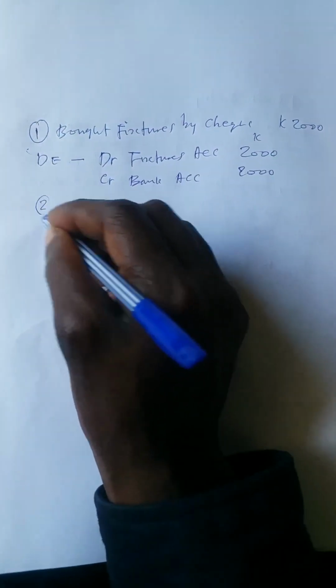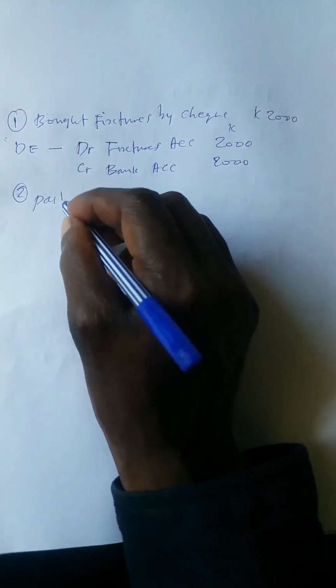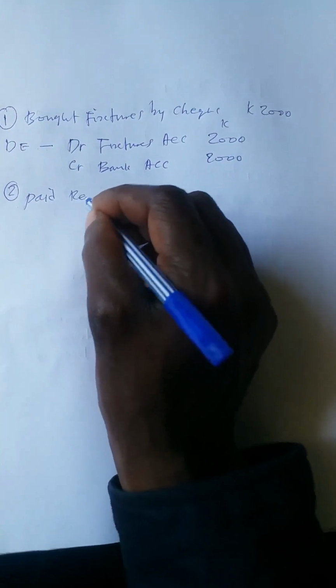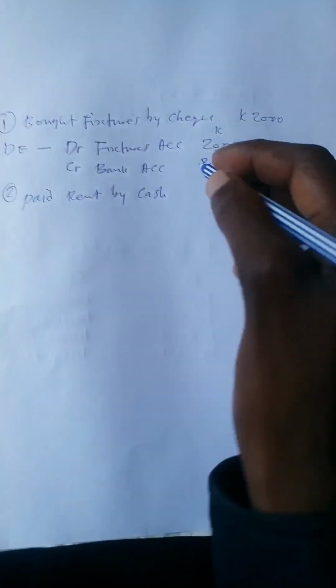Our second double entry is: paid rent by cash, kwacha 600.